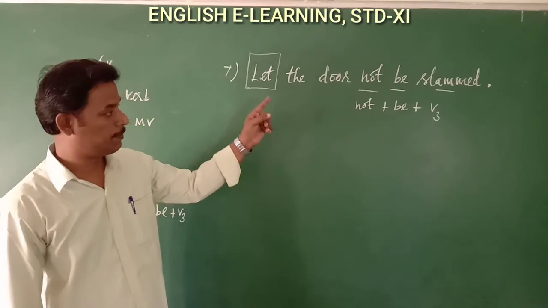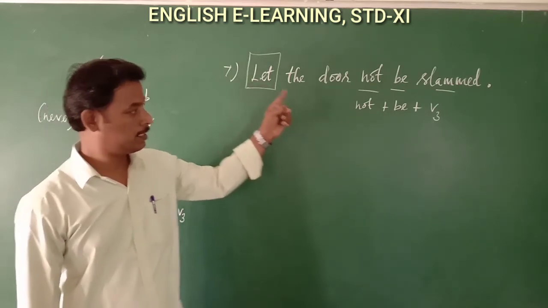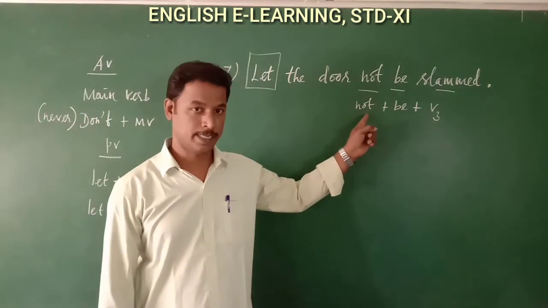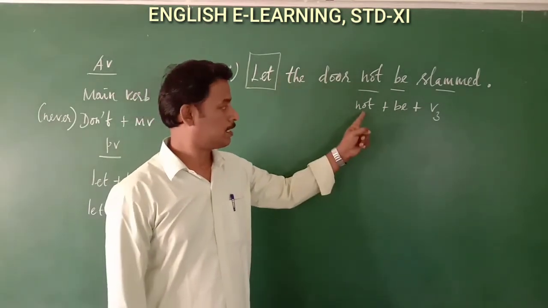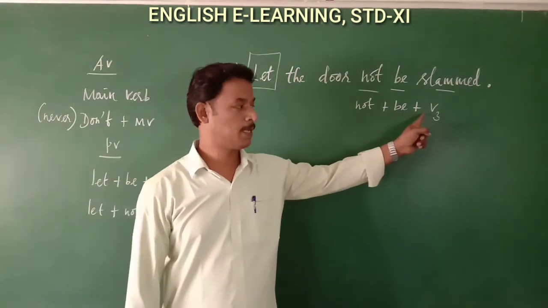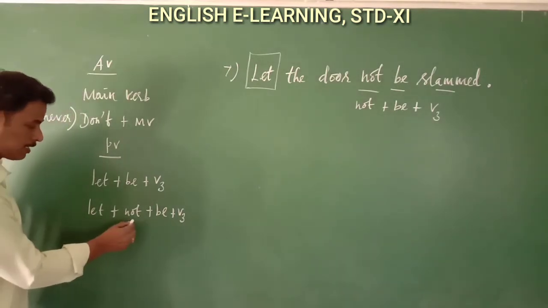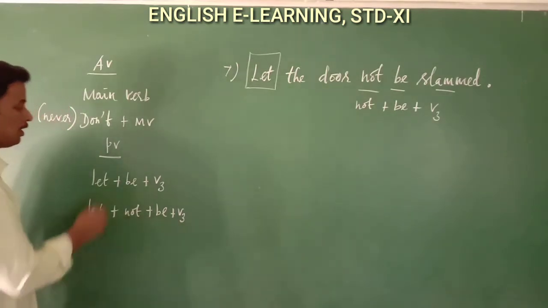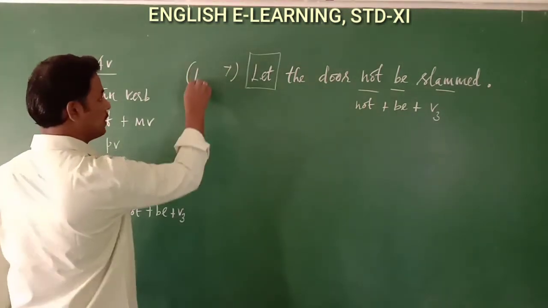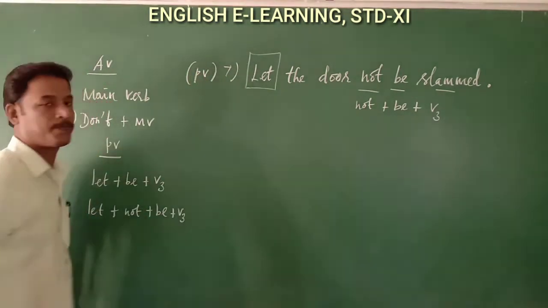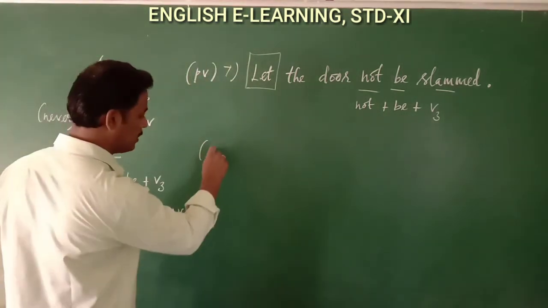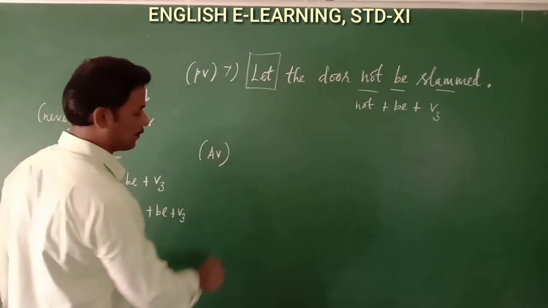Now look at the verb pattern. The word is let, and then it is in negative: let plus not plus be plus verb 3. So this sentence is in passive voice. So we have to change this passive into active.